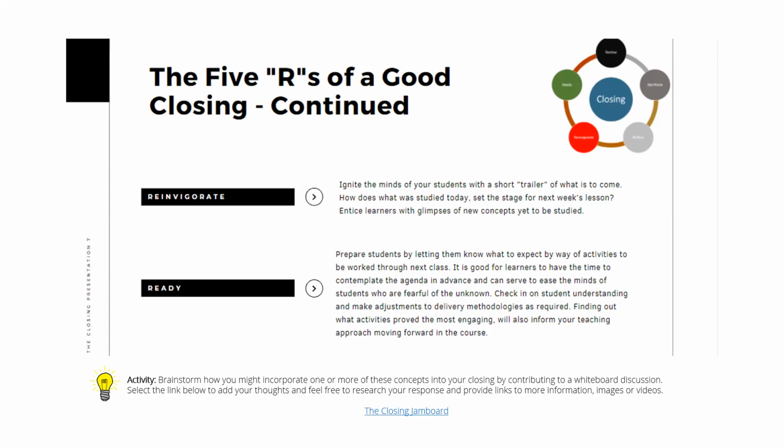Checking in on understanding and figuring out if there's any additional time that needs to be spent to help students who might be struggling with concepts or information, and getting a sense of what worked and what didn't. What engagement activities were a hit, and what ones do you think you might not bother using next time because they just didn't work. And we all have to experiment. And I know I've tried certain things that I'm not going to revisit, but you don't know unless you try.